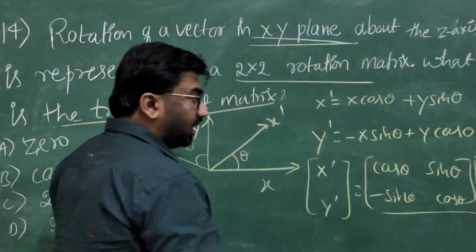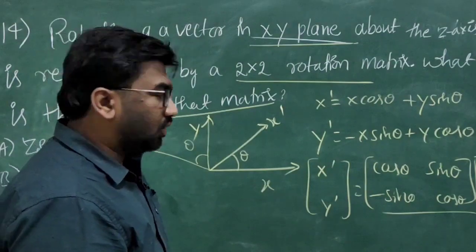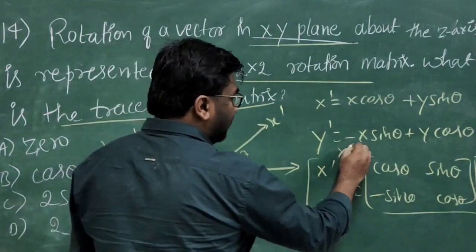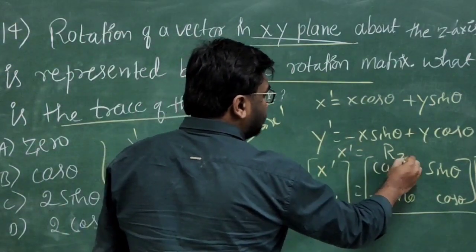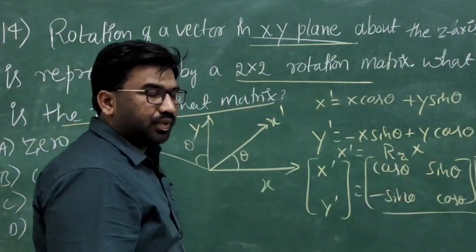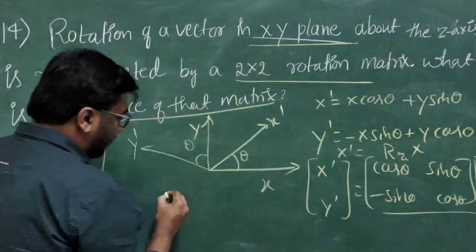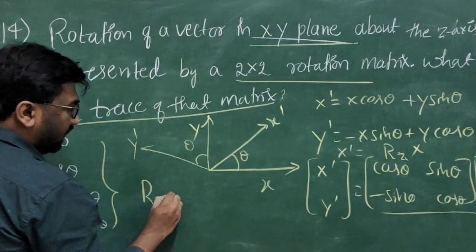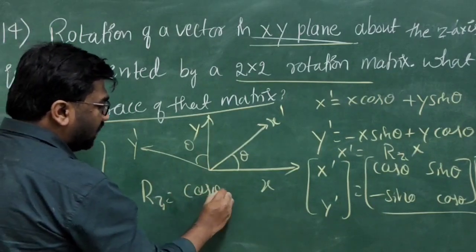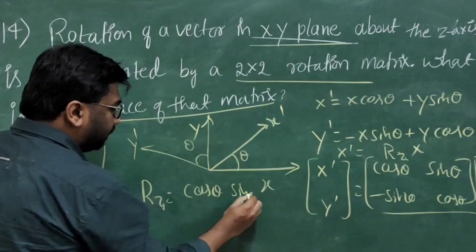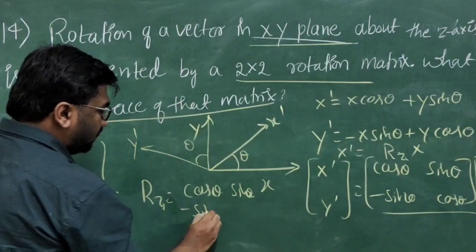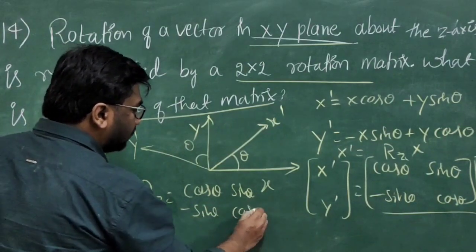So this is the matrix. Just like x prime is equal to rz into x, where rz is the matrix, rz is equal to cos theta sin theta, minus sin theta cos theta.